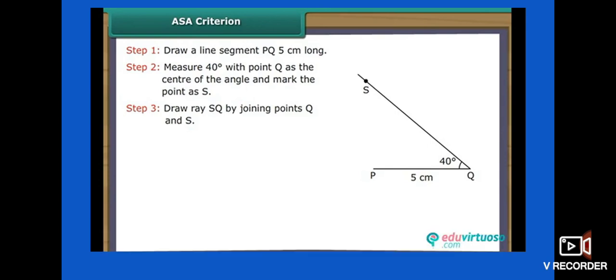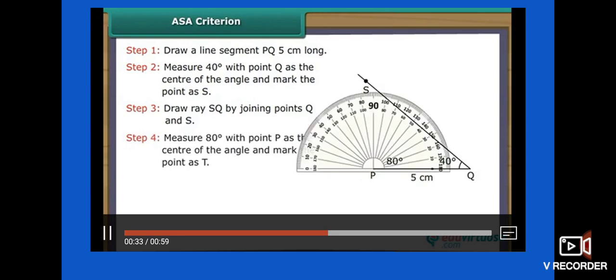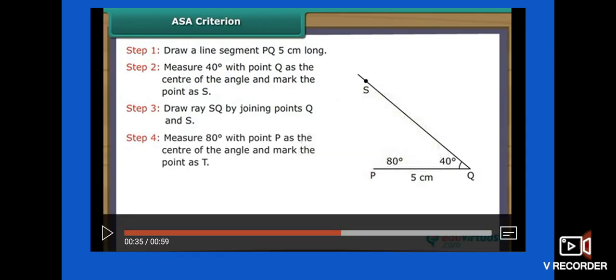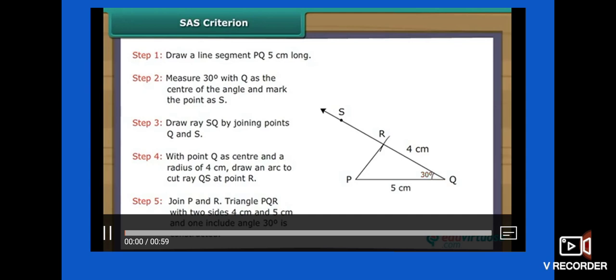Next, you take your protractor and place it at the point P, and take a measurement of 80 degree like this. See the video. Yes, pointer at 80 degree. Place your compass here.